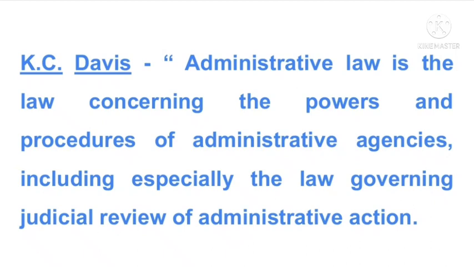There is a point which needs to be noted, that is judicial review of administrative action. In the US legal system, judicial review of administrative action is a basic feature, and this definition emphasizes it.